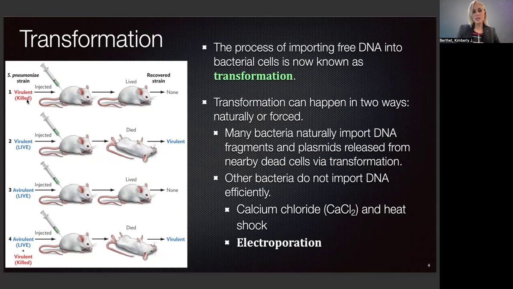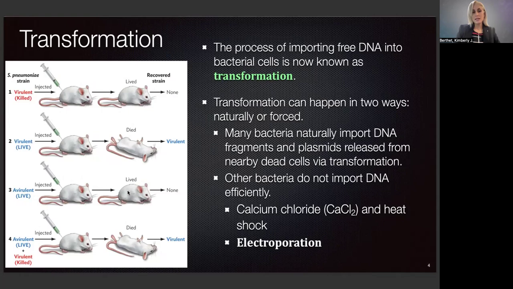So when we heat treat a virulent strain, we see the organism lives following injection. So even though it's virulent, this microorganism does not kill the individual. Here we see virulent live strain. We see that the organism has then died. Here we see avirulent live, meaning it's not dangerous, but living. And we see the organism is living here.